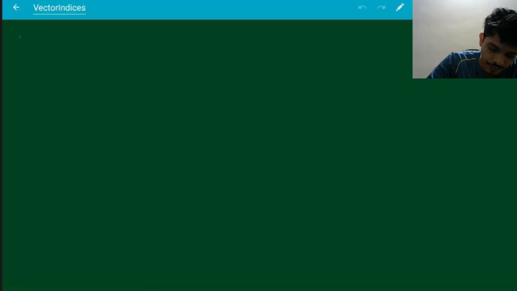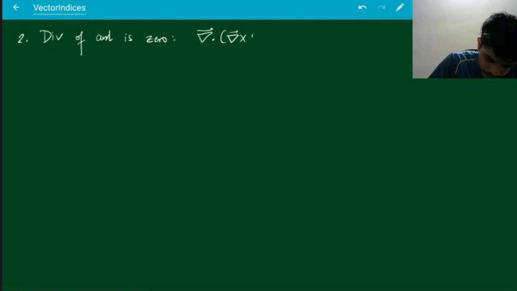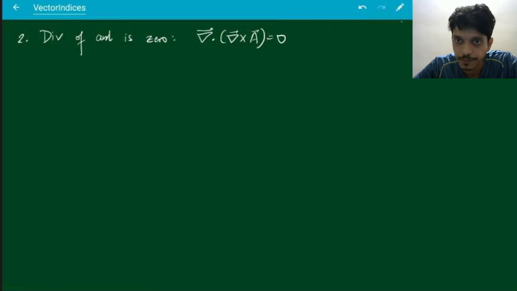Let's prove that divergence of curl is 0. So I want to prove that for any vector A, this is 0. How should we go about doing it?